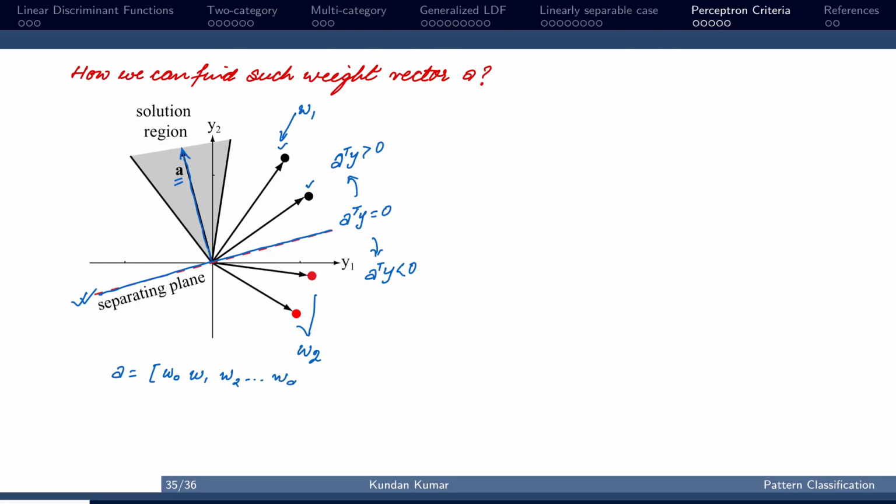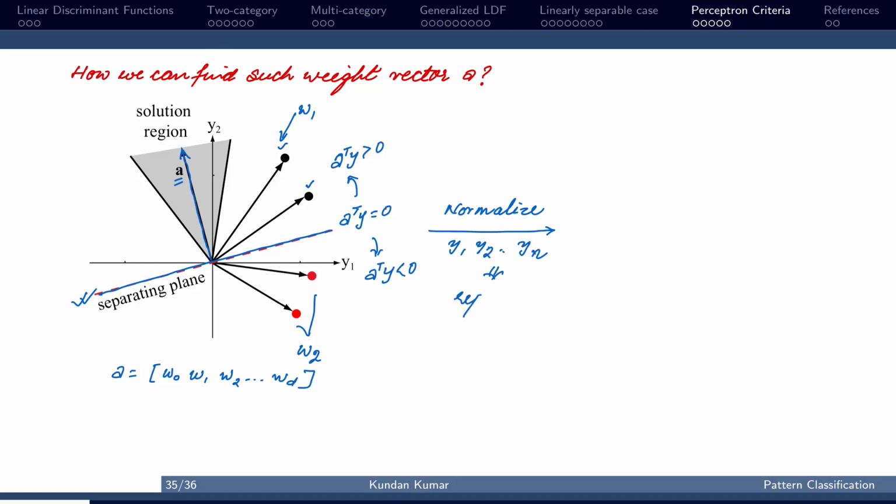Now we can normalize the data samples y1, y2 and yn. What is the normalization here?